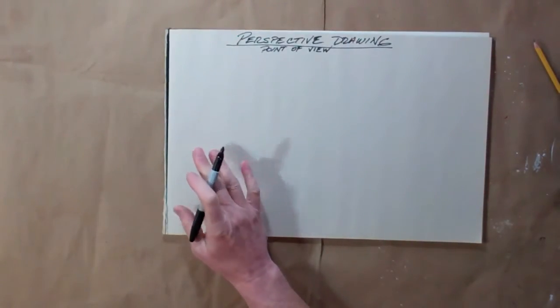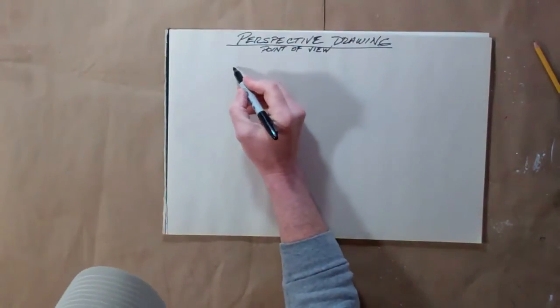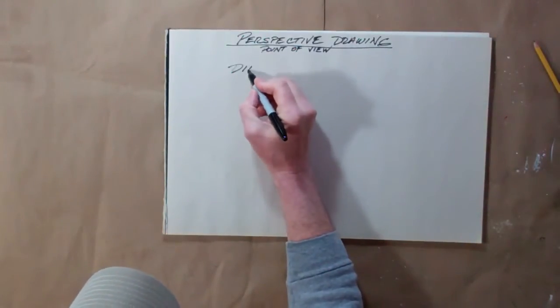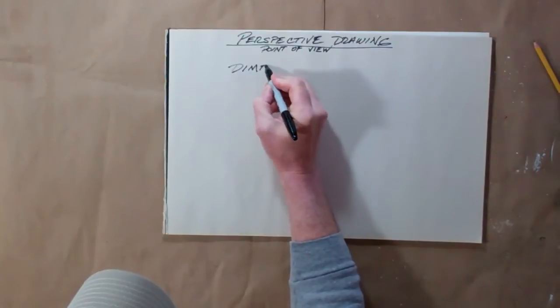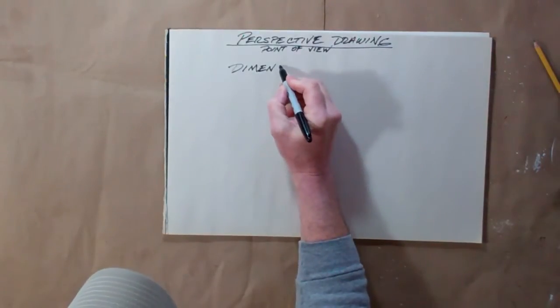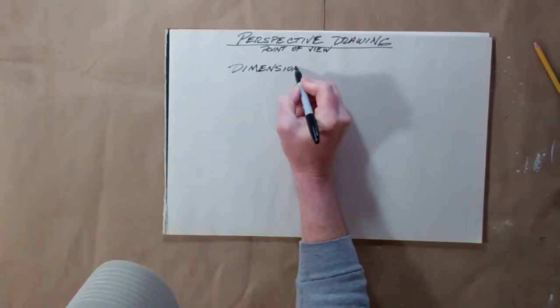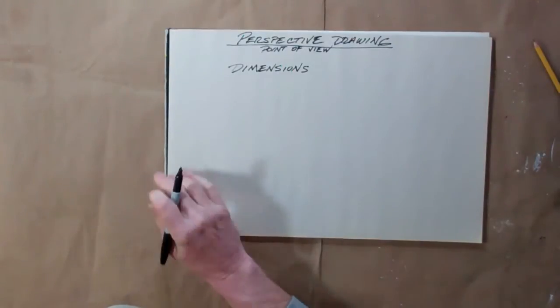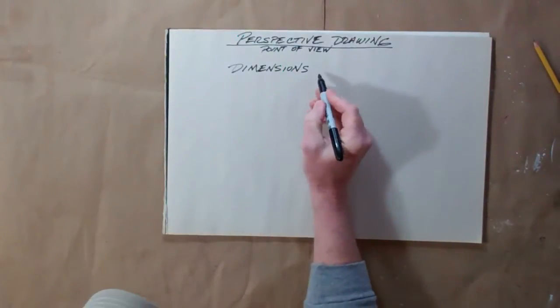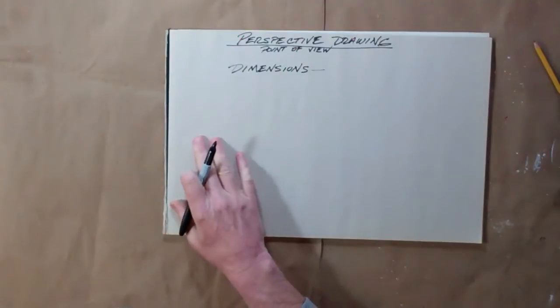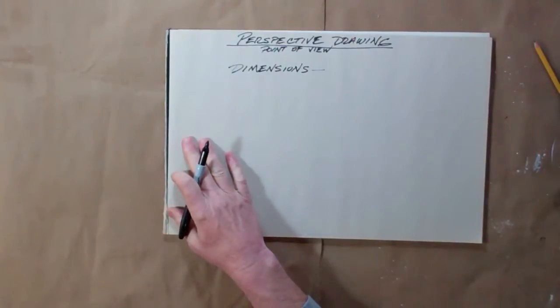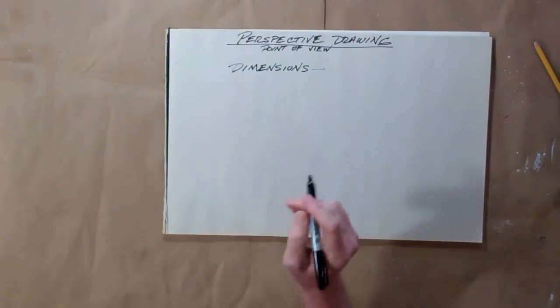Okay, dimensions. Let's talk about that. D-I-M-E-N-S-I-O-N-S, dimensions. What is that? Well, you always hear this talk about 3D. Everything's 3D these days, including movies and games and so forth.